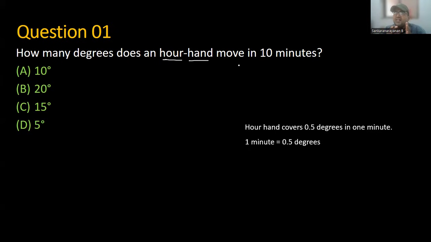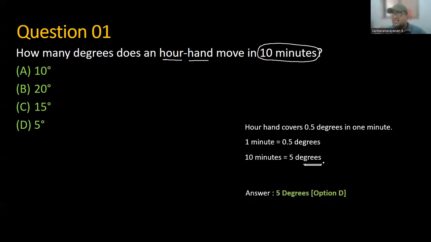But here we are considering a span of 10 minutes, right? So in 10 minutes, proportionately, the hour hand would have covered 0.5 into 10, that is equal to 5 degrees. So for this question, the correct answer is 5 degrees. Option D is going to be my final answer in this case.